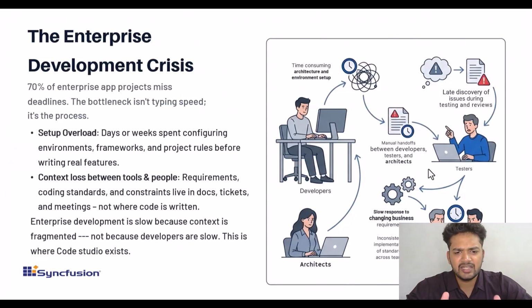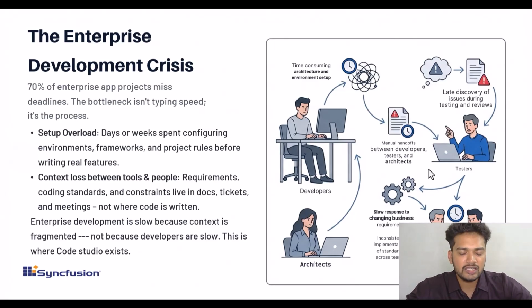This slide summarizes the reality many teams face. About 70% of enterprise projects miss deadlines, and this is not because developers lack skill or effort. Let's break down the real issues step by step. The first issue is setup overload. Teams spend days or weeks configuring frameworks, folder structure, linters, and build pipelines before a single business feature is delivered. The next one is context fragmentation. Requirements live in tickets, architecture decisions live in documents, coding standards live in tribal knowledge.